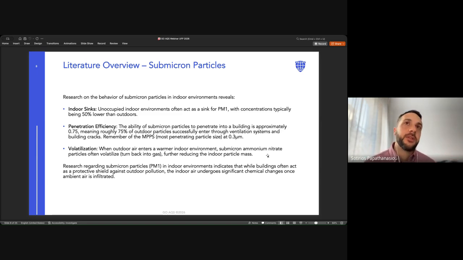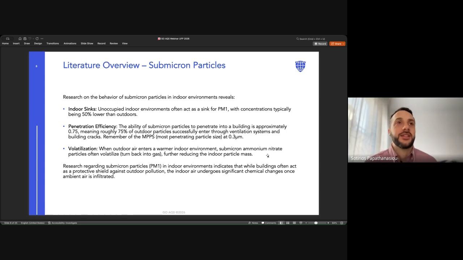Then in another paper, they found that 70% of outdoor PM1 particles can penetrate and infiltrate inside buildings. Remember here that even HEPA filters suffer from something called the most penetrating particle size at 0.3 microns. So that allows those particles to infiltrate buildings, even if we have filtration systems in place.